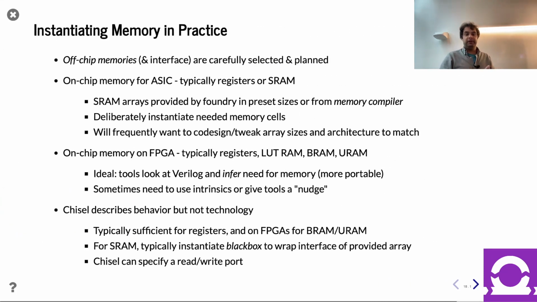Okay. So coming back to Chisel, right? What are we going to do to actually instantiate memories? So if you're doing an off-chip memory, that's not a small decision, right? That's a big decision in terms of what technology you're using, what interface you're using. There's huge implications, right? Let's say you're building an ASIC.